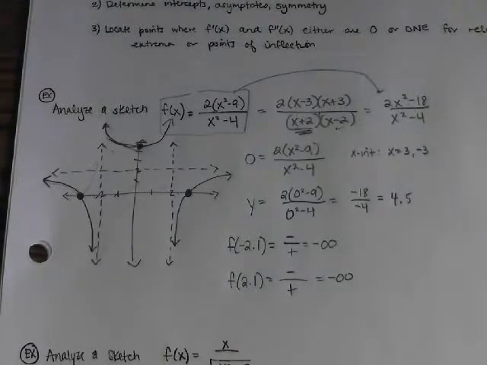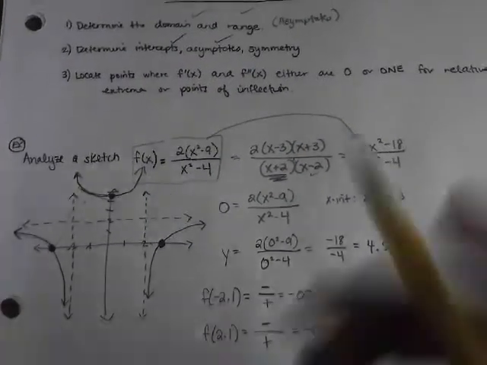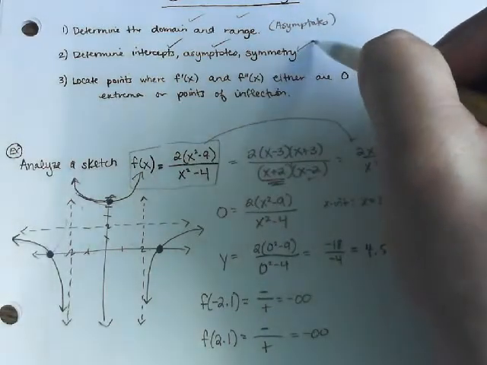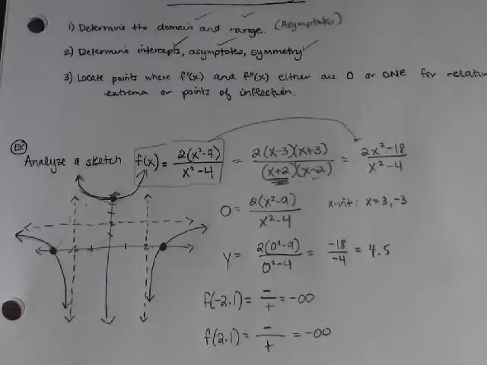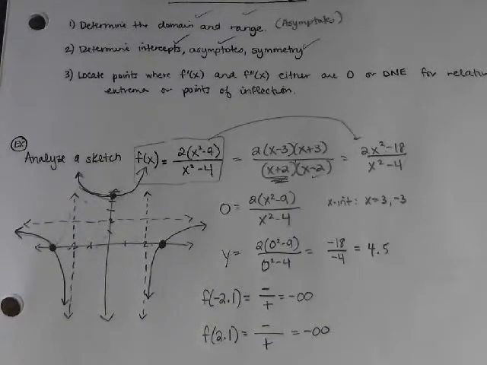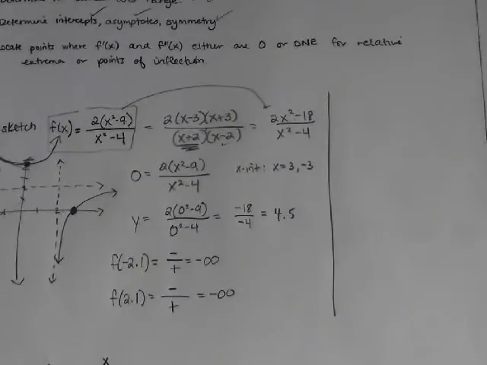Some of the stuff we did not get to, but we could have. The symmetry idea I do want to talk about. This is an Algebra 2 topic, but to find out about even or odd functions. Does anybody remember what you do for even odd function tests? You plug in negative x.